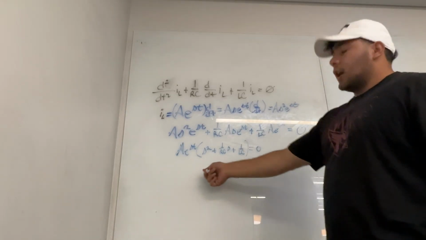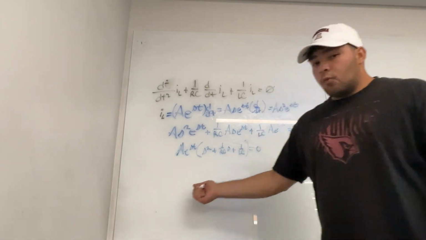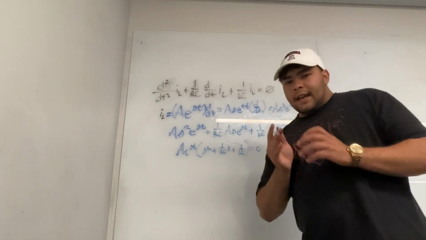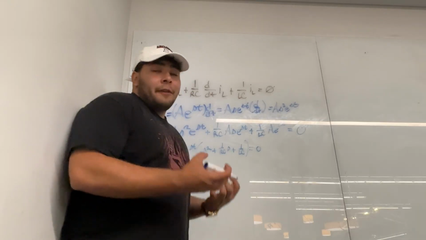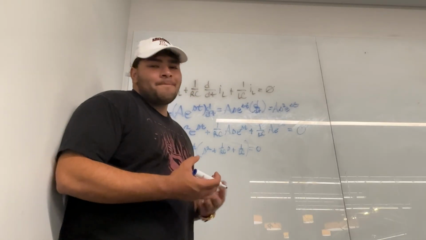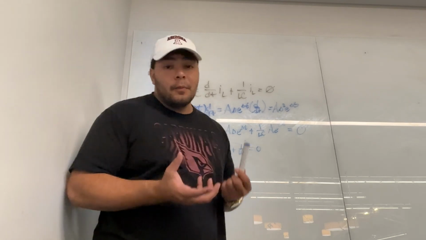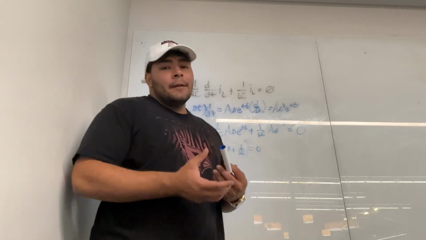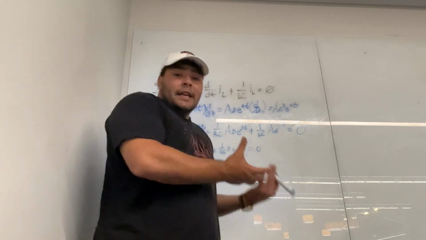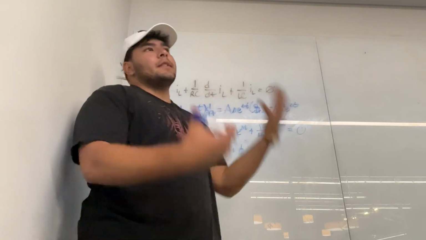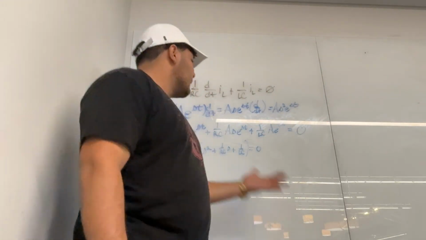And when we look at this, one of these has to be equal to 0 for this to equal 0. Let's go out on a limb and say the phasor current is probably not going to be 0 in this situation, because we know that it's changing. We know that there is a current there, right? That's the whole point of the circuit that we drew earlier. There is a current. It's called I sub L, okay?